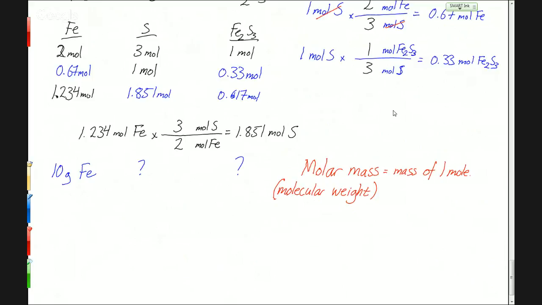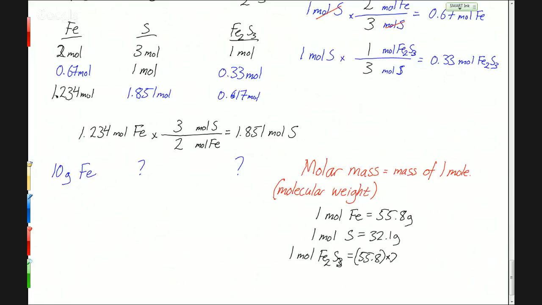The molecular weight of iron means that 1 mole of iron is 55.8 grams. A mole of sulfur is 32.1 grams. And a mole of iron sulfide is, we're going to take the iron, which is 55.8, and multiply it by 2.